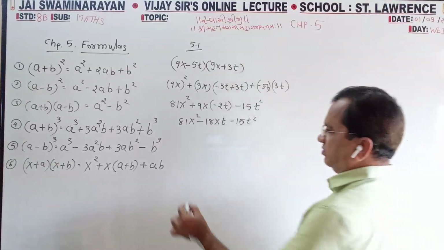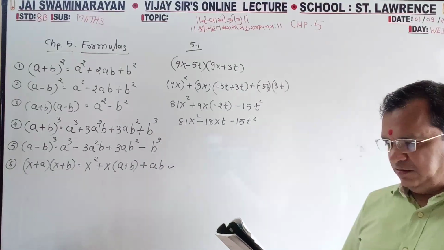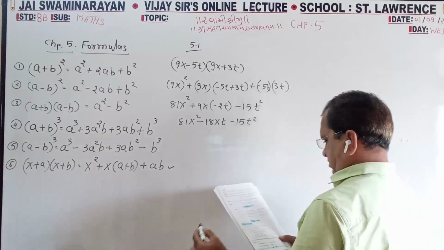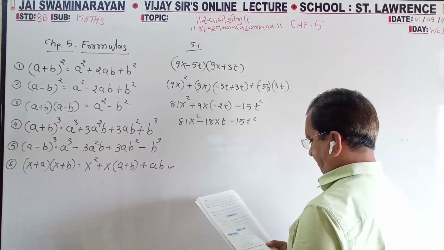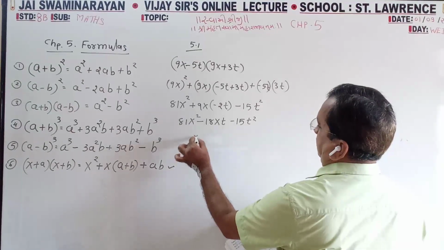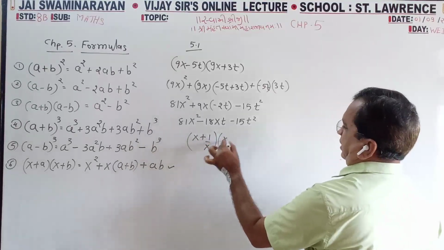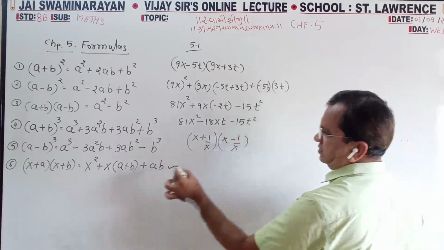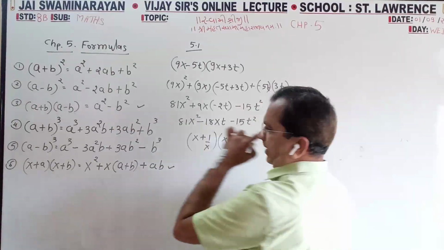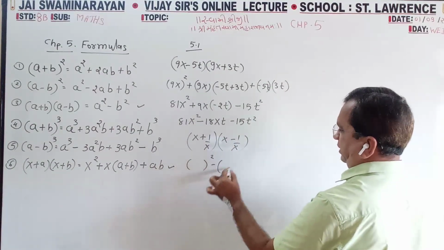This is this formula, and it is given (x plus 1 by x)(x minus 1 by x). This is this formula. So square of first term minus square of second term.